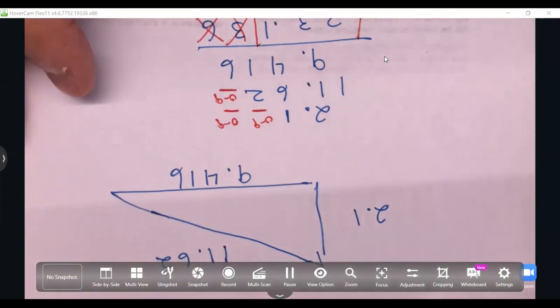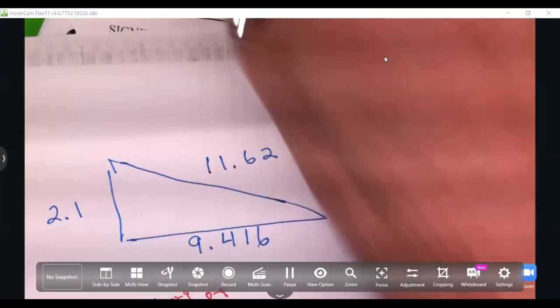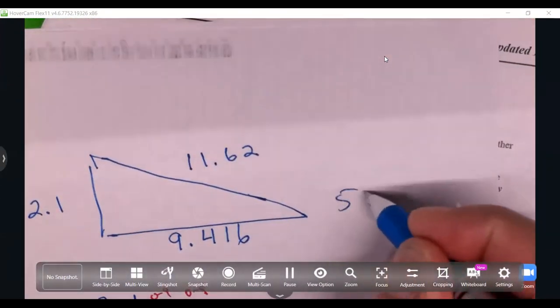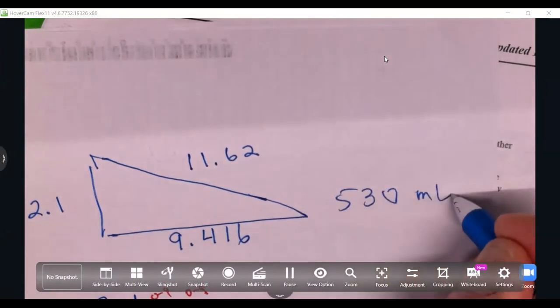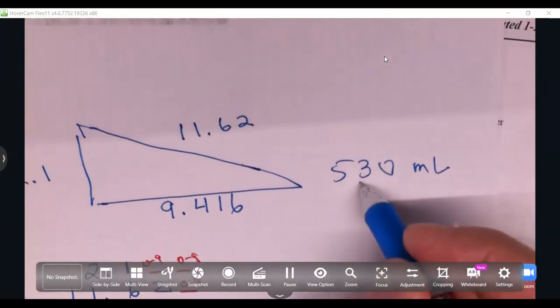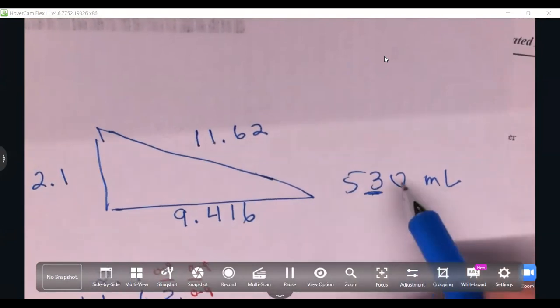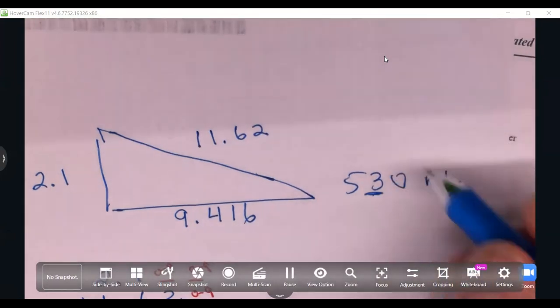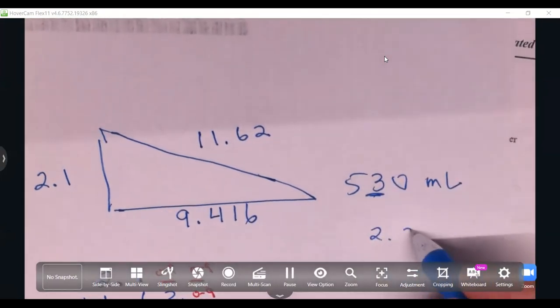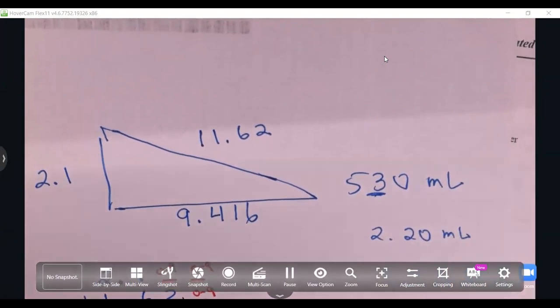So the first one was 530 milliliters, and we just estimated the tens place, right? We have no idea what the ones place is. Now this is about 2.20 milliliters.